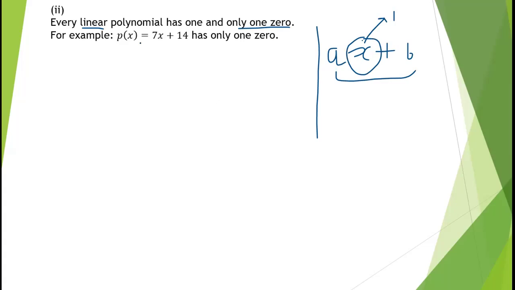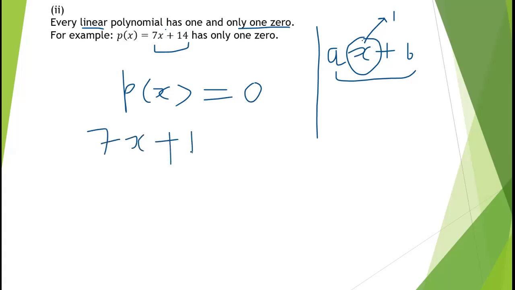For example, if we take p(x) equal to 7x plus 14, here we can see the degree of this polynomial is 1. How? The highest power of x in this polynomial is 1. So it is a linear polynomial, which implies it has only one zero. How? We can find the zero of the polynomial by putting p(x) equal to 0. So this will give us 7x plus 14 equal to 0.